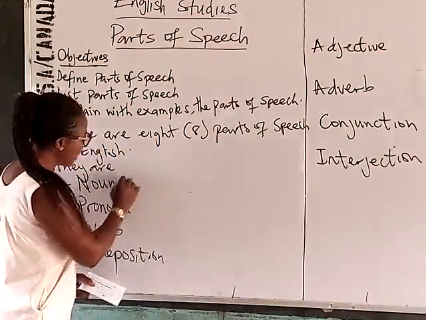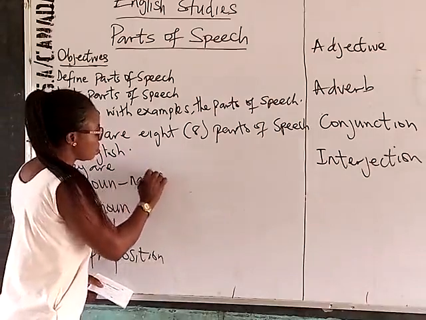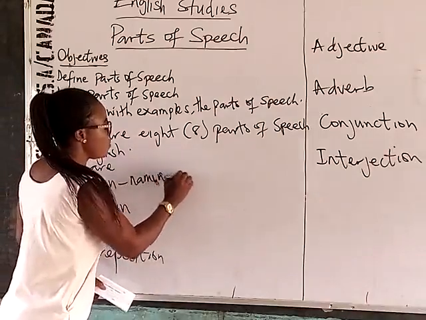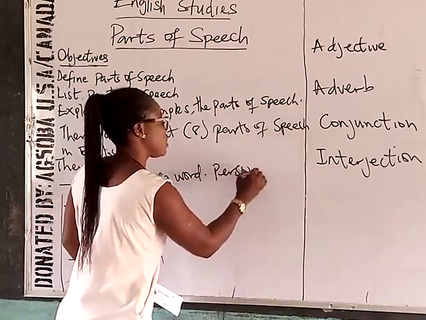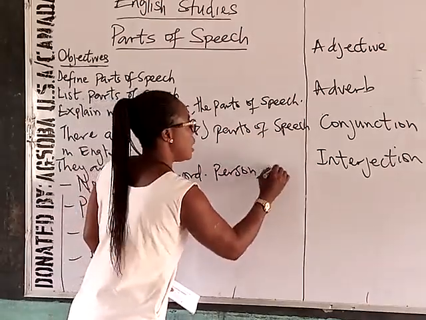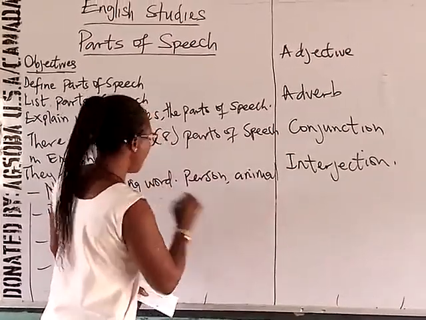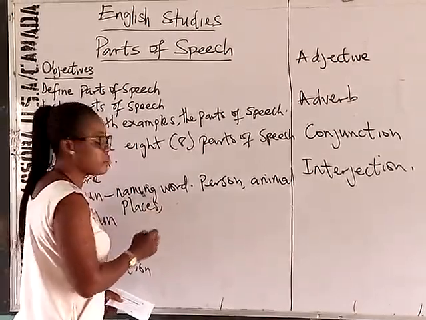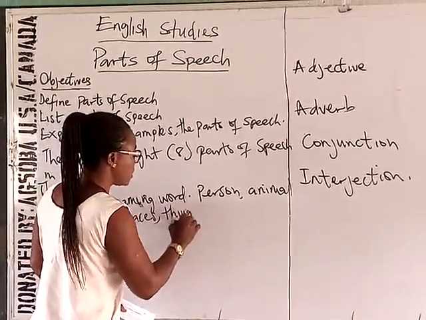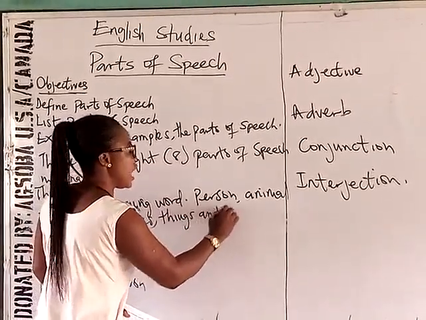I said nouns are naming words. They name persons, animals, places, things, and abstracts.